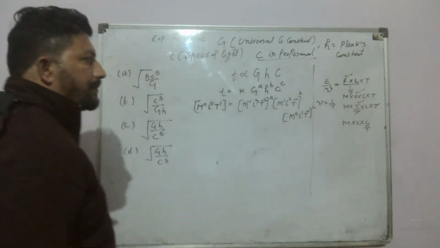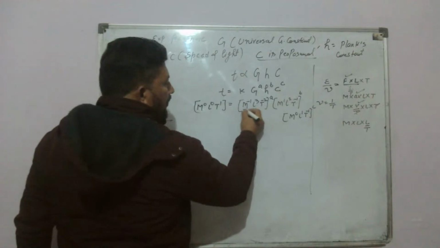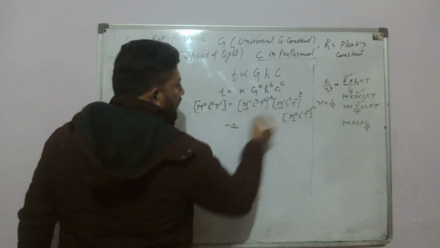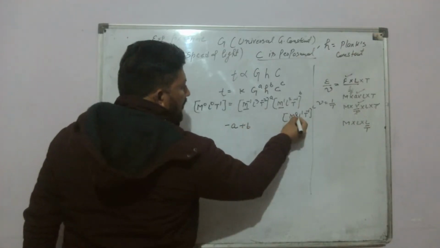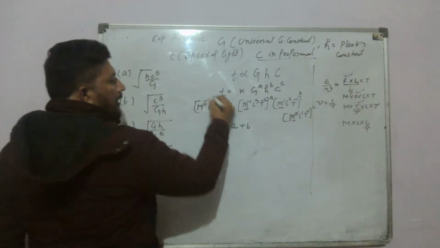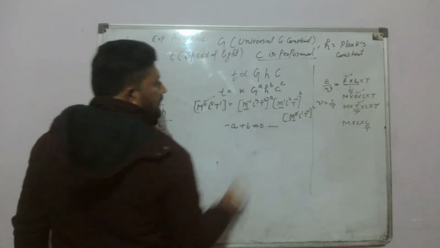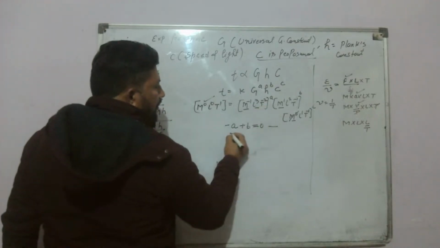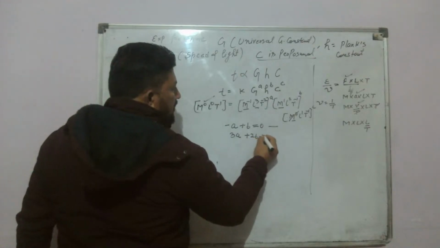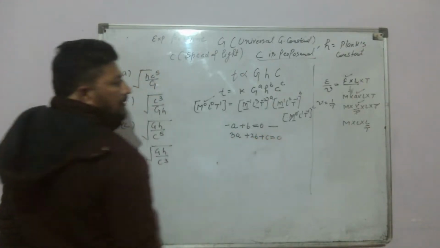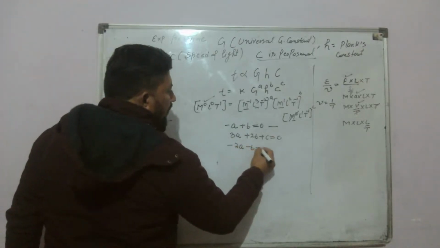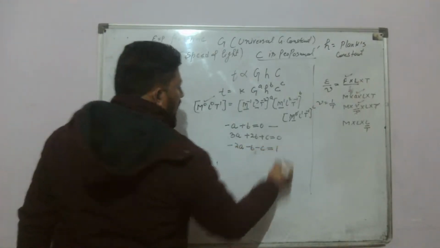Now compare the powers. First compare M: minus a plus b, and here 0 is taken, so that is equal to M0. This is equation number one. Now second, 3a plus 2b plus c is equal to 0. Now third, minus 2a minus b minus c is equal to 1.